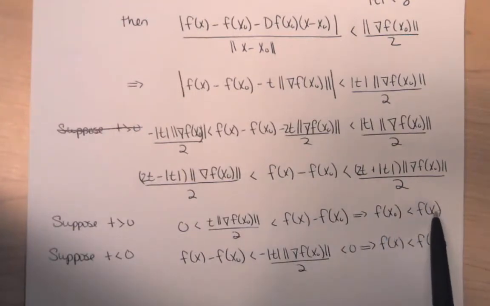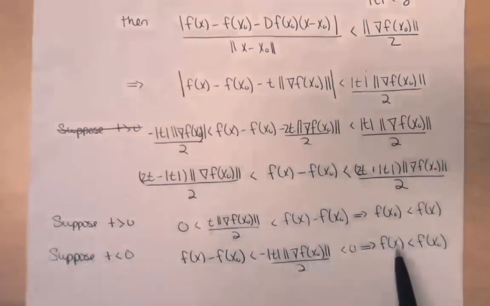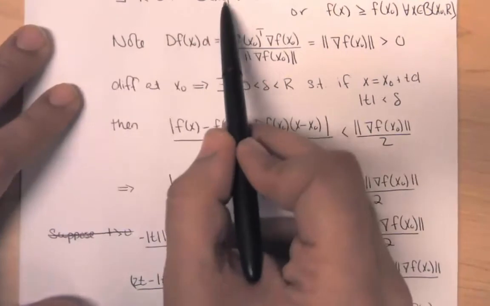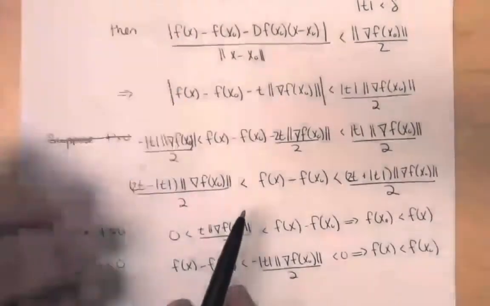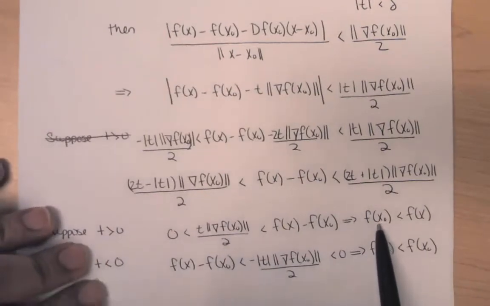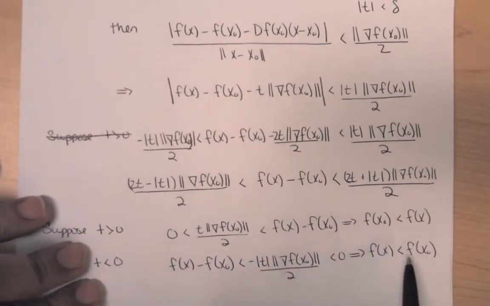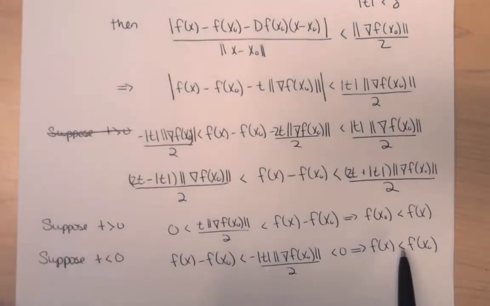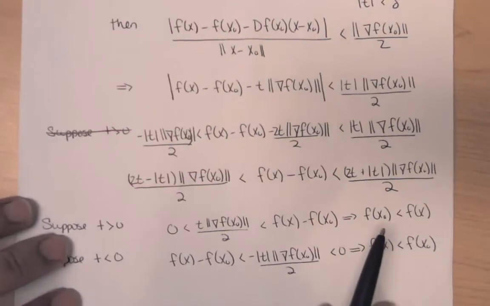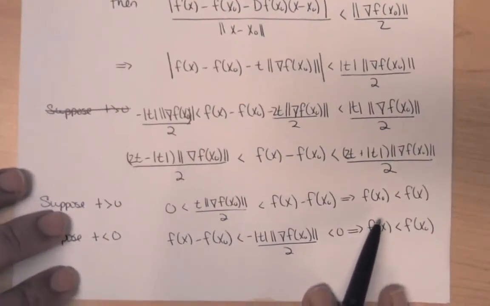So I've shown that there's an x inside my ball that is both greater than f of x naught and less than f of x naught, meaning f of x naught is not a local extrema, but I assumed that it's a local extrema, right?